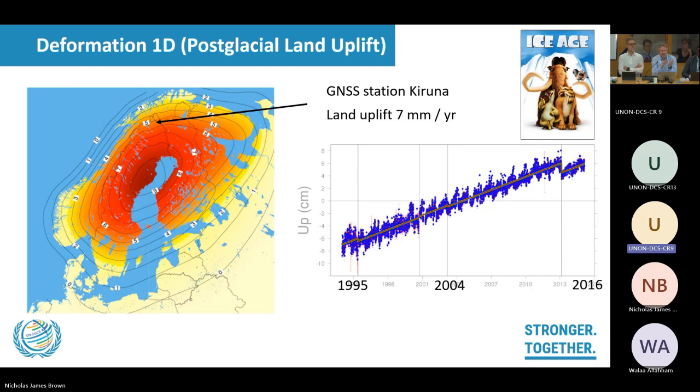And this has been caused by what they call post-glacial rebound. So many, many years ago, there was a lot of ice that was sitting on this land. And slowly, as that ice has melted, the land is rising again because underneath it's called viscoelastic response. You think about pushing a sponge sitting in water down, and it'll bounce back quite quickly.